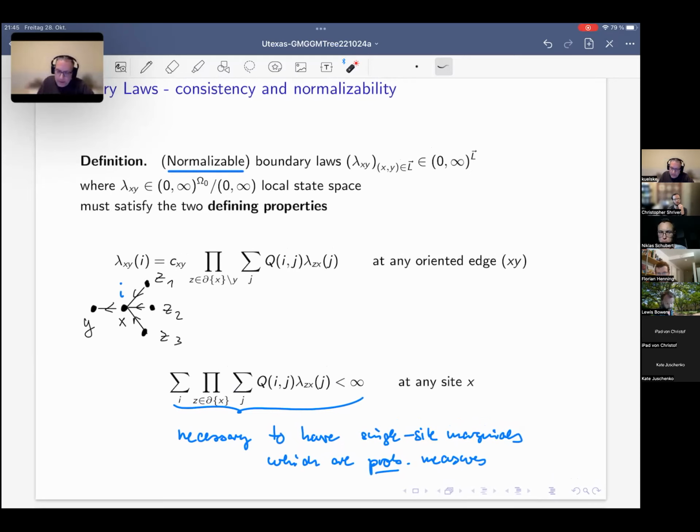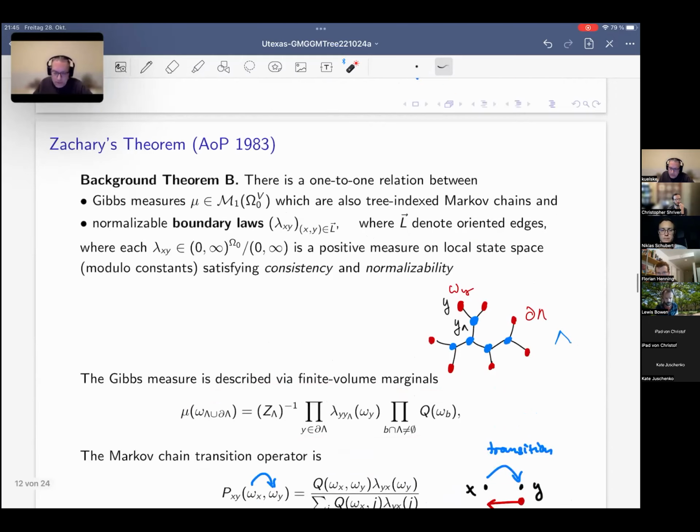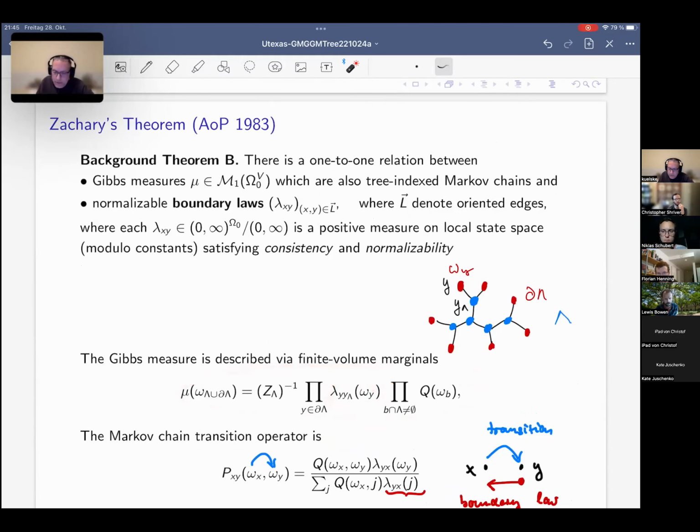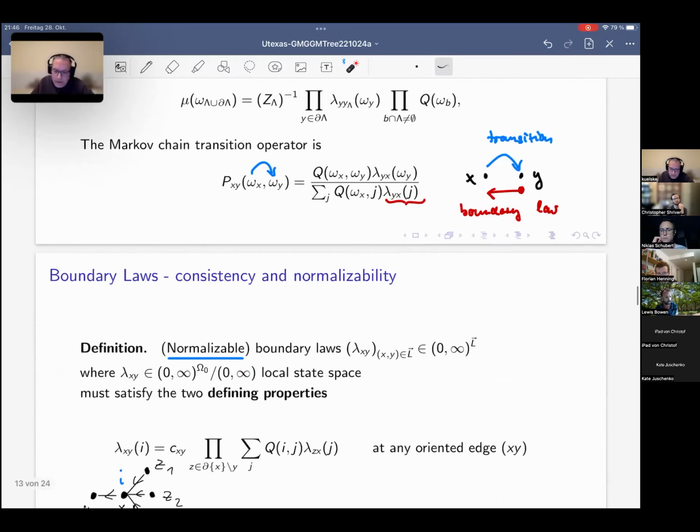And so here's one thing, if you really want a Gibbs measure, you need a normalizable single site marginal. So here's some formula. If the boundary law is simply crazy and too big and not decaying fast enough, this is not going to give you the chance to have a single site marginal, let's say, which is finite. It's not normalizable. So you need something, and this is this equation.